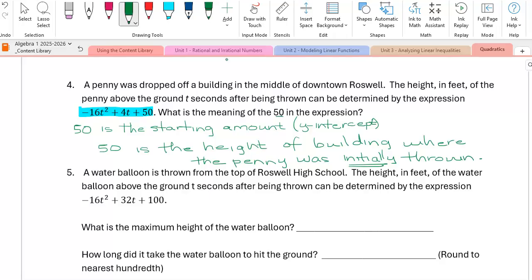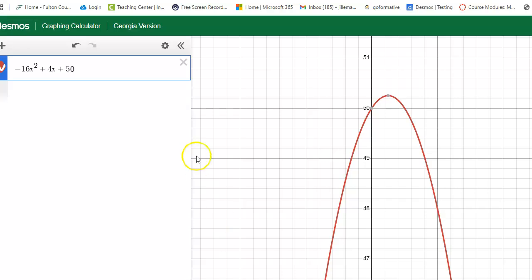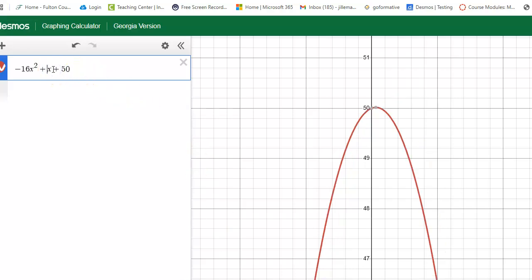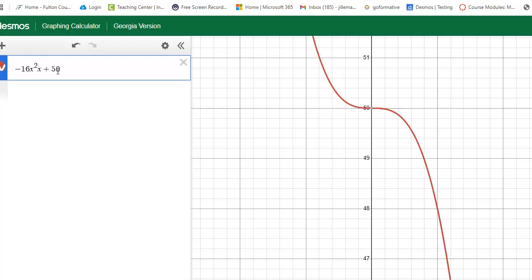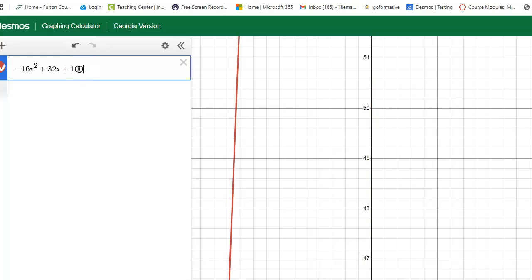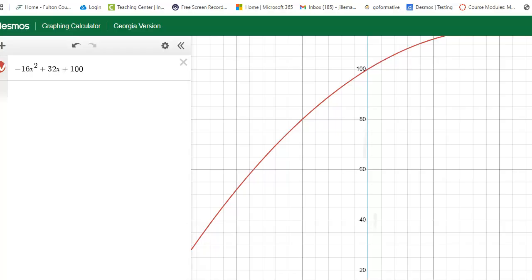But let's see if we can answer this question. So let me put another equation into Desmos. So let me do it. Oops, that didn't work out. So plus 32x plus 100. Now, I'm going to shrink this down so we can see it well.